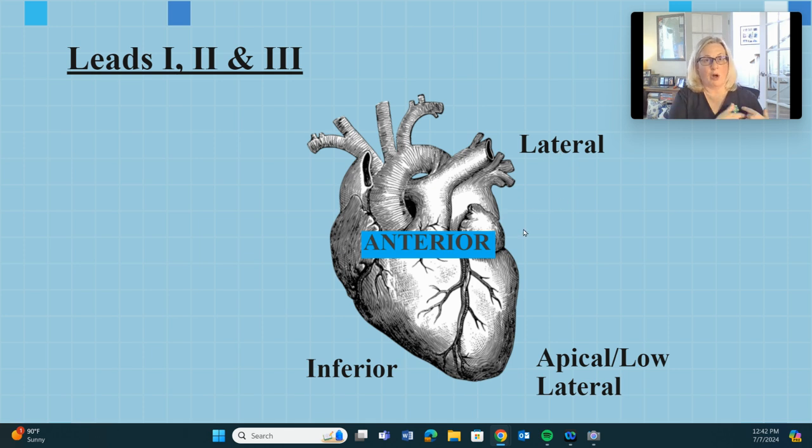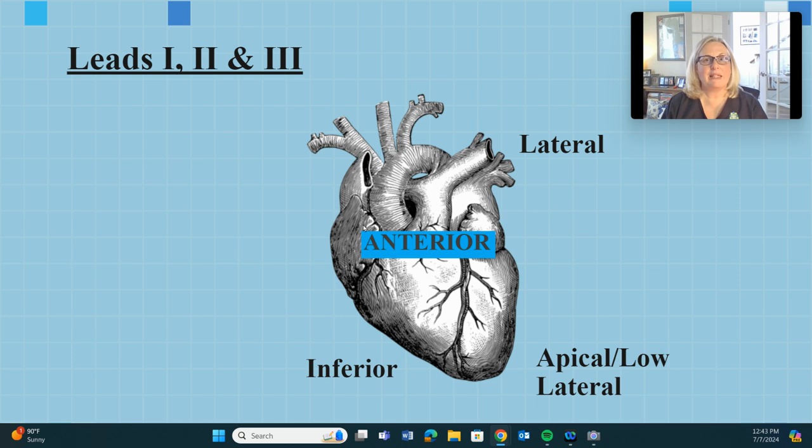So remember, lead 1, we know that goes across the front, right? So lead 1 will be considered lateral. Any artery across the top of the heart here that has a blockage or something wrong with it will show a change in the leads that are considered lateral. We'll get to those in a second.